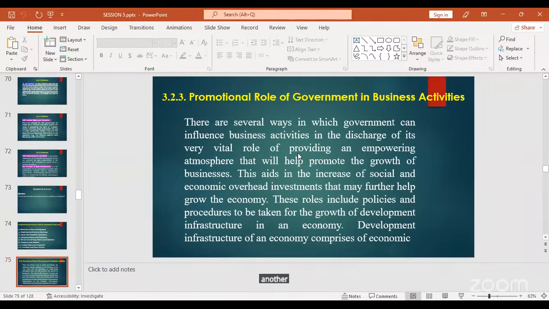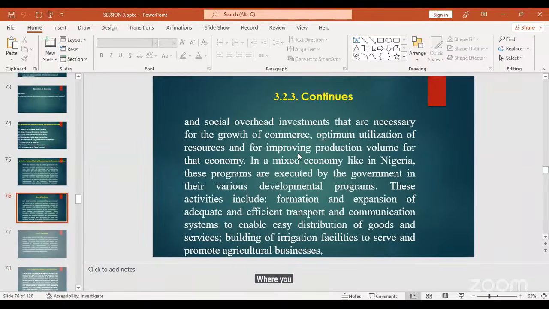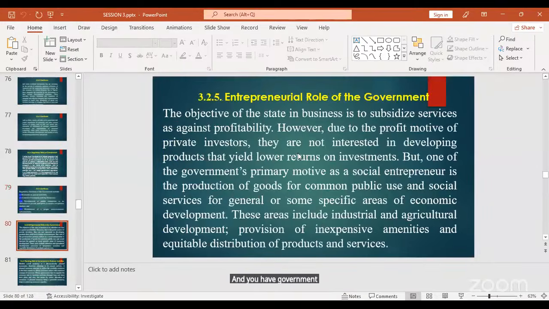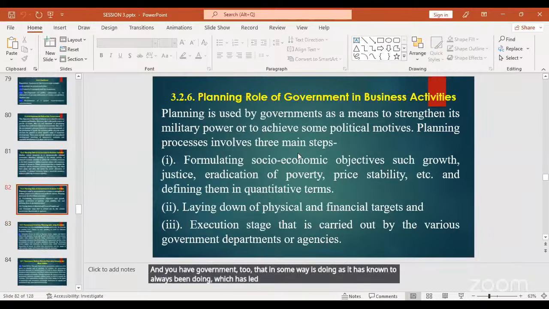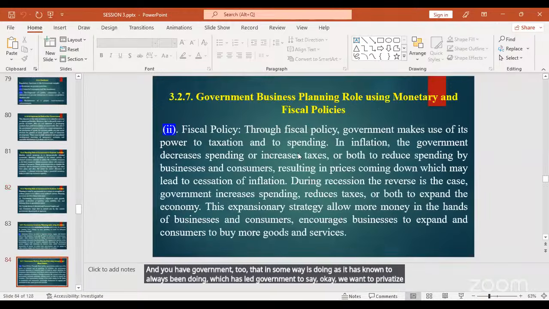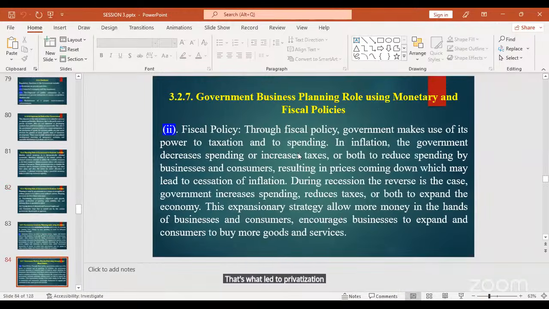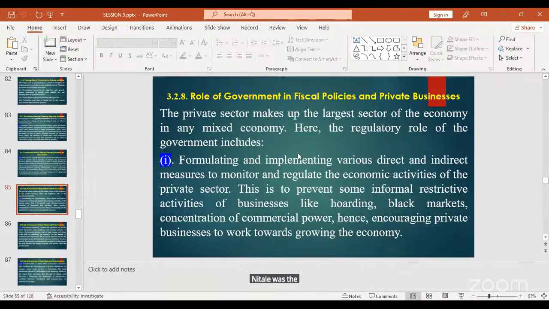But then, when you now have private and it's doing well, and you have government too, that in its own way is doing as it has always been doing, which has led government to say, okay, we want to privatize. That's what led to privatization of Nitel. Nitel was the only telecommunication company in Nigeria in the past.